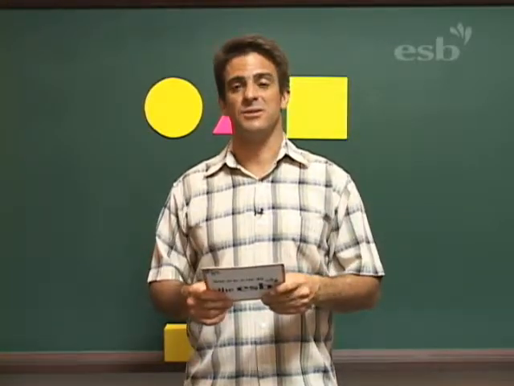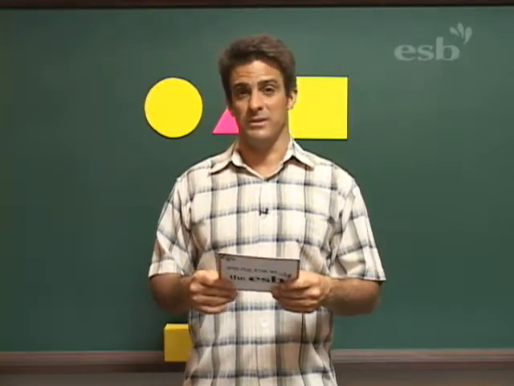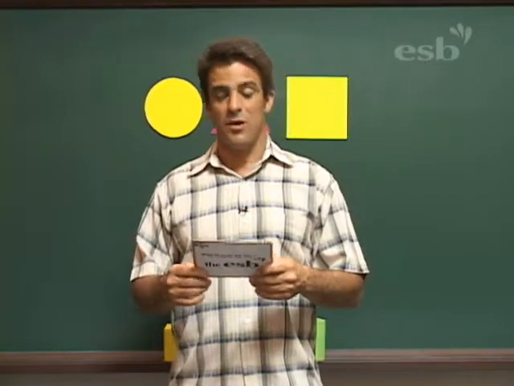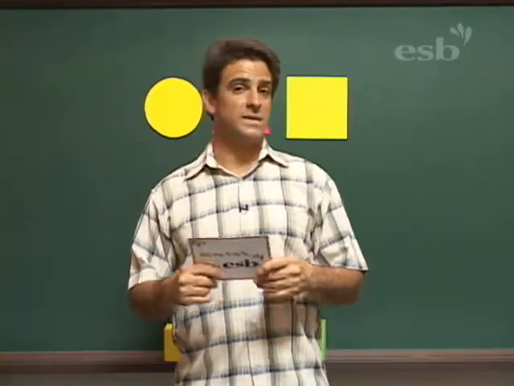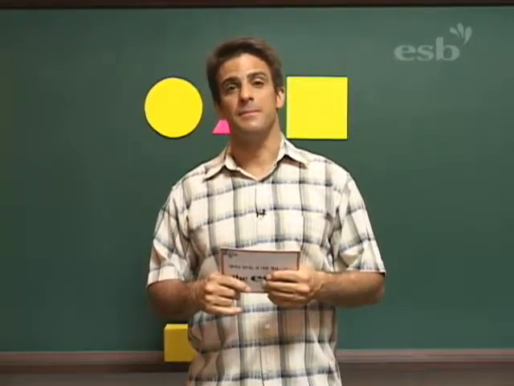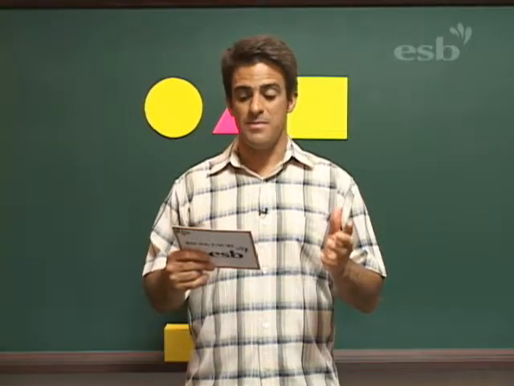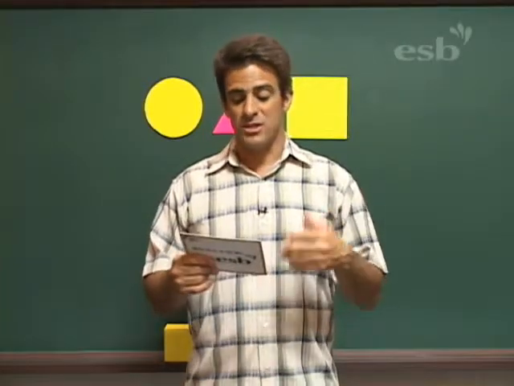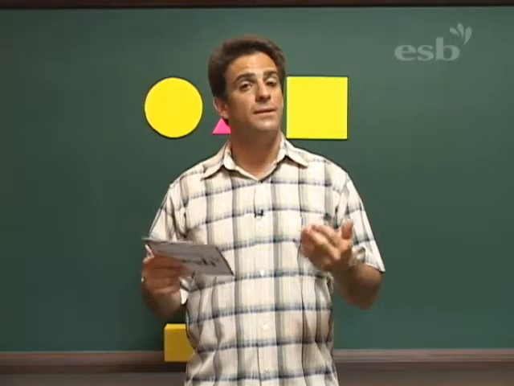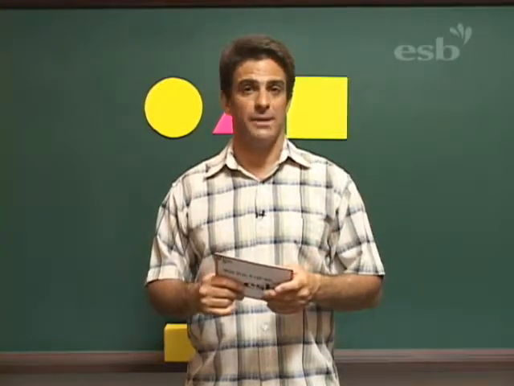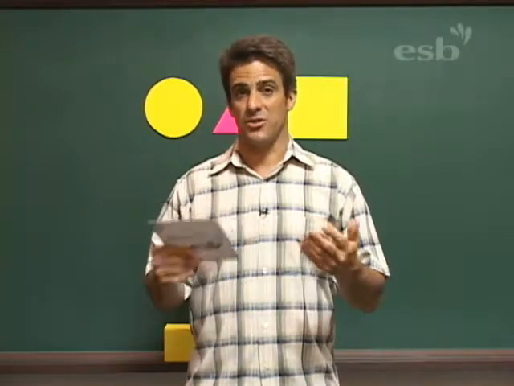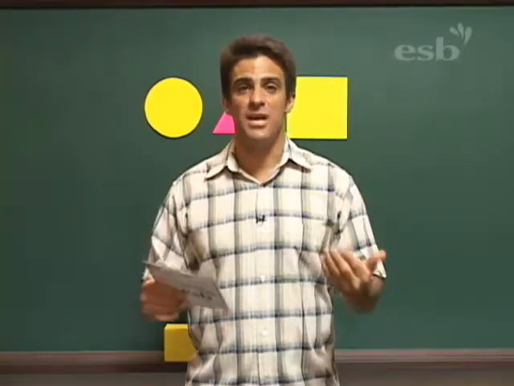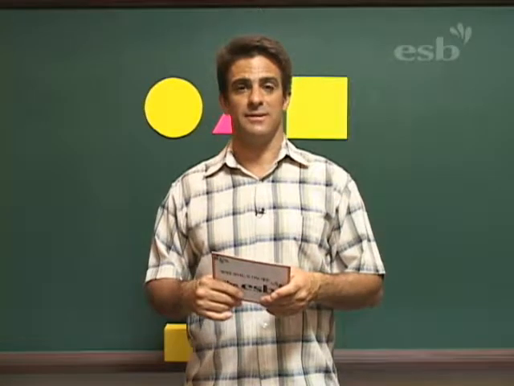Let's take a closer look at some very important and common shapes. First of all, what is shape? When we say shape, what does that mean? Well, shape is the appearance of an object. Shape is what the object looks like. We describe the object by saying what shape it is.